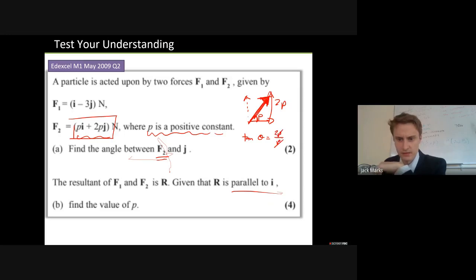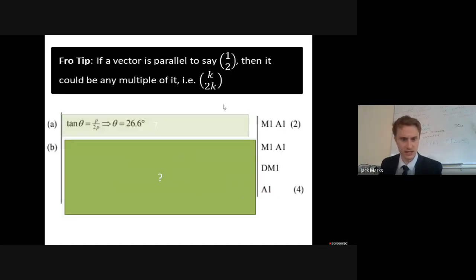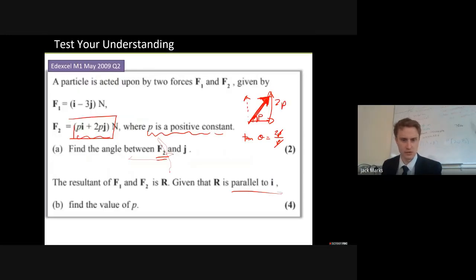Well, hang on a second. Tan theta equals 2. So if you didn't do that question there, okay, yeah, you need to start drawing diagrams. It's not an optional thing. The reason why teachers do it is because it helps you solve problems, okay? We do this one, find that, take it away from 90 will be our answer. Okay, let's just take a quick look at that one. So 26.6 between F2 and J. Okay.